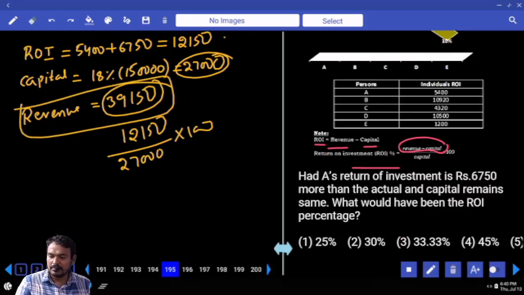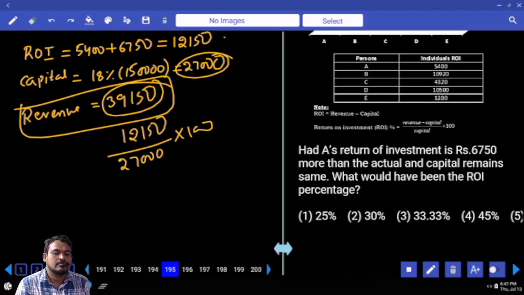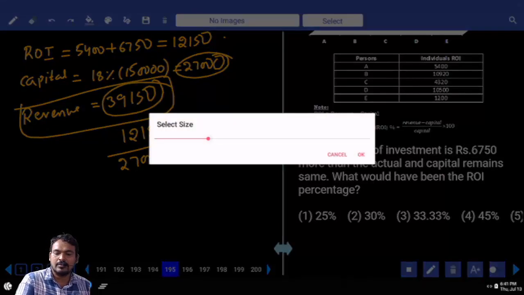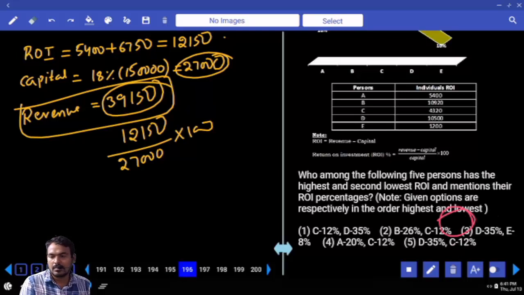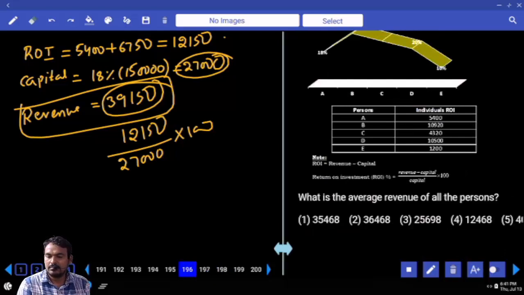It is more than, what is the 10%? 2,700. What is the 40%? 10,800. More than 40 or less than 40? More than 40 but less than 50. Then answer 45. Remaining questions? No?